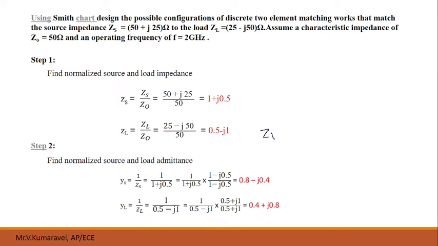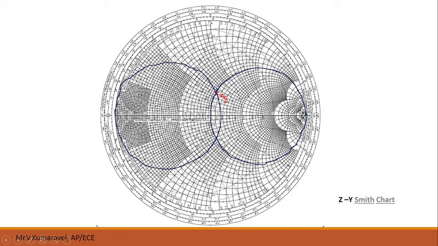That is ZL conjugate, which is equal to 0.5 plus J1. So here 0.5 plus J1, therefore 0.5 here. If I trace this path, I will get 1 here.